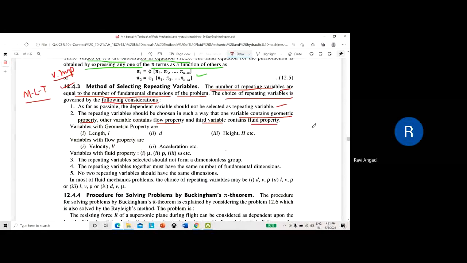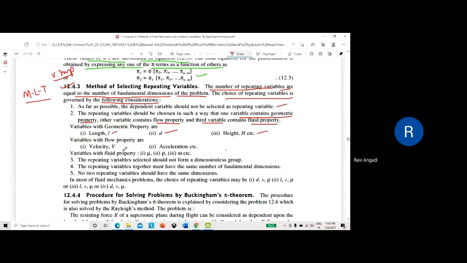The geometric property means the length, diameter, height, depth. That is the linear dimensions. These are the geometric properties. If you have these in the problem, you can choose any one as the geometric property.